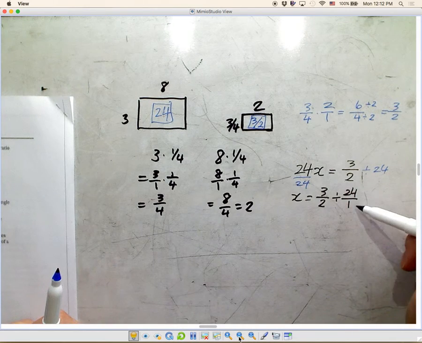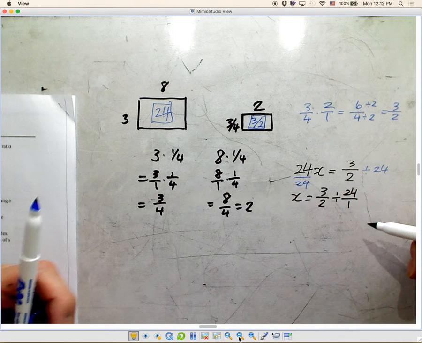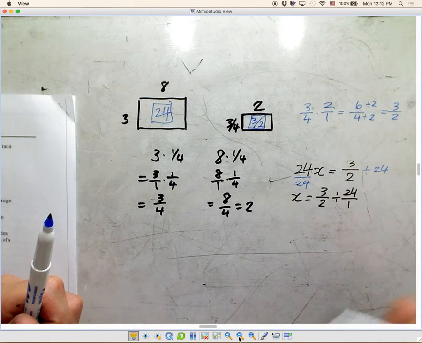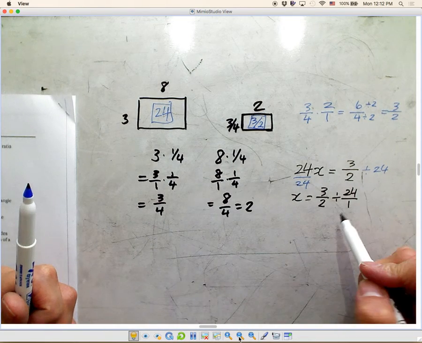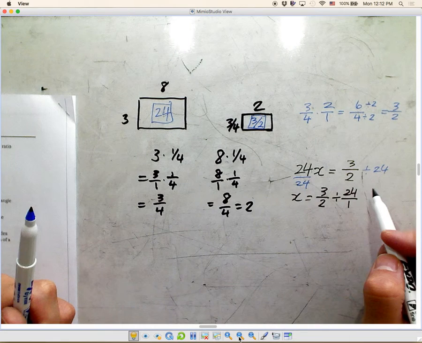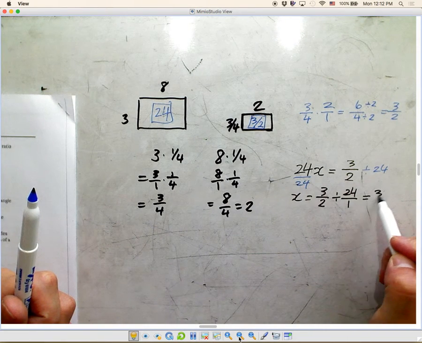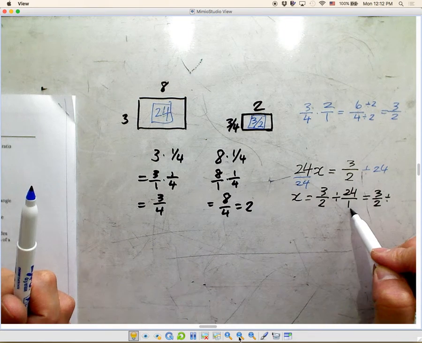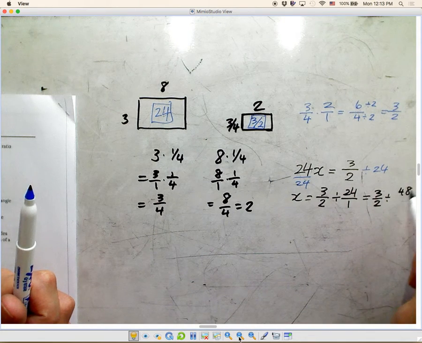You can definitely flip the second fraction and multiply like you learned in middle school, but I'll show you a different way so that you know another way to do it, right? Just like adding and subtracting fractions, you can have a common denominator. So we'll have 3 over 2 divided by, we want this one to be over 2, so 48 over 2.